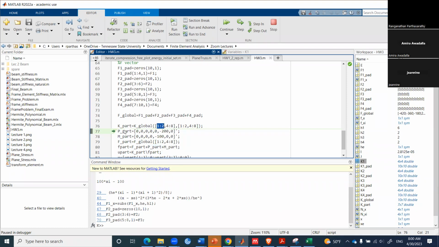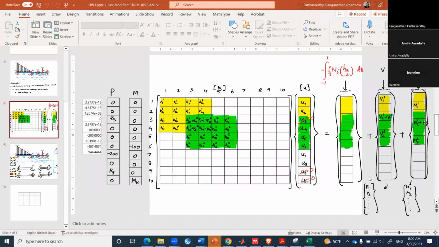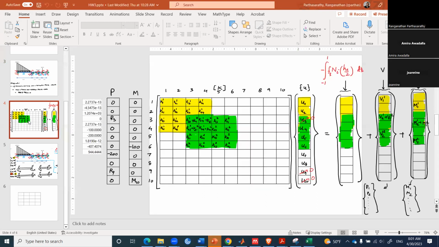Then this is your P partition, the total concentrated loads, that is this vector, and the total concentrated moments. We wrote down all of that. It's 0 for all. At R3, you have the reaction at 3, then you have the reaction at 9, and then you have a concentrated load of 200 at node 7. What's that?